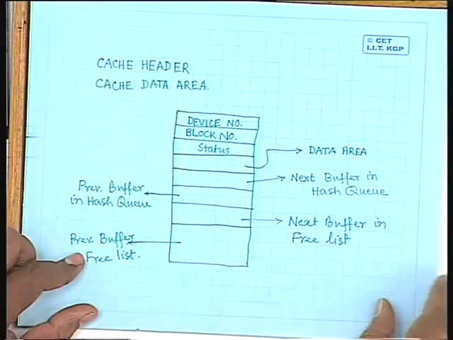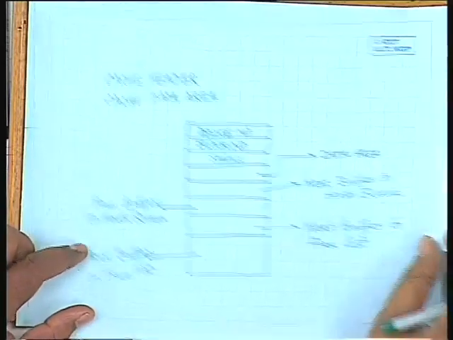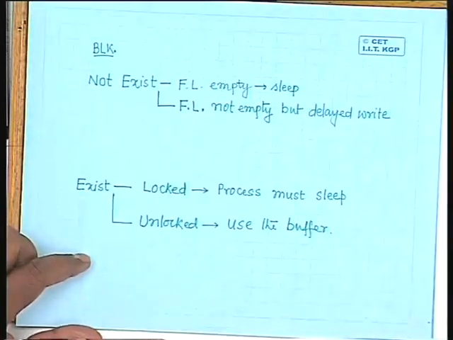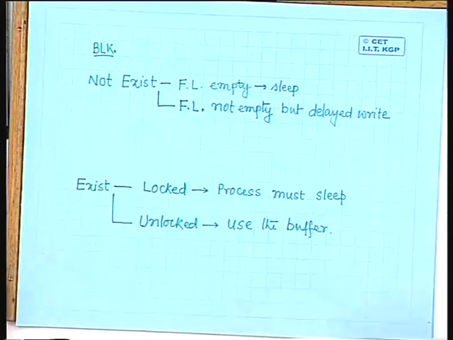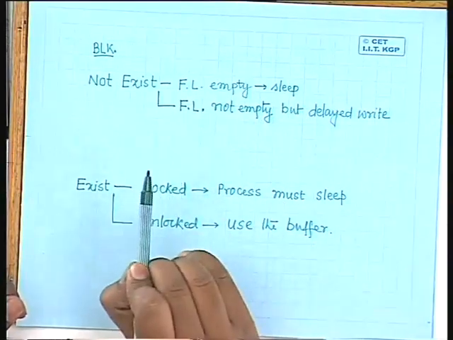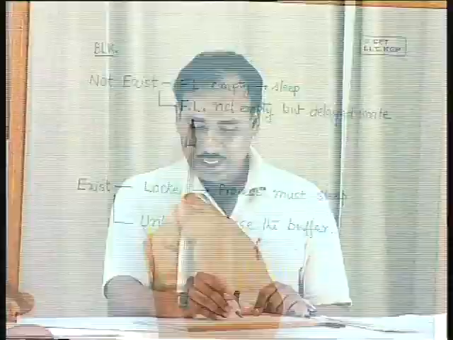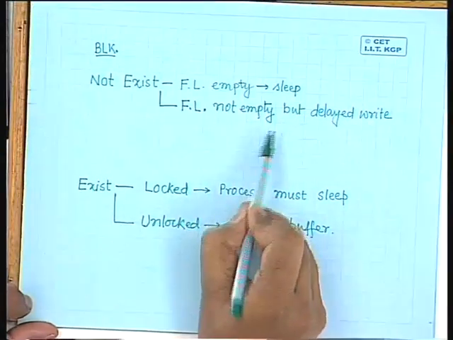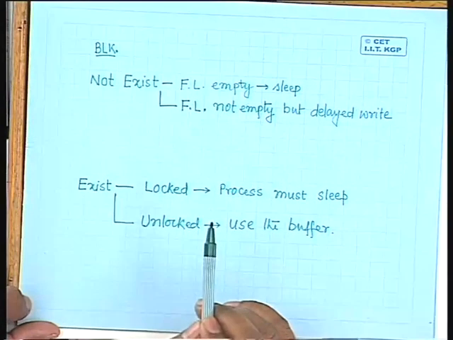Now why is this delayed write necessary? Because in case I have to overwrite this buffer with another data block, and maybe this happens to be the head of the free list, as we always take a free buffer from the head of the free list for overwriting, then this is the block which needs to be overwritten by a new data block.